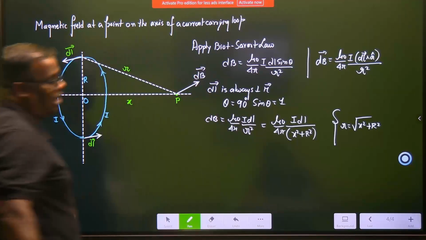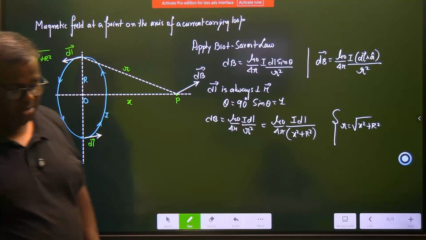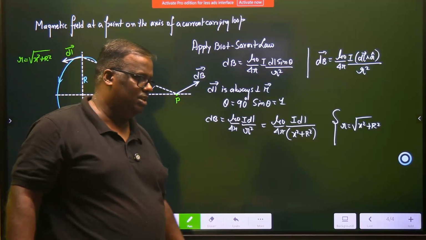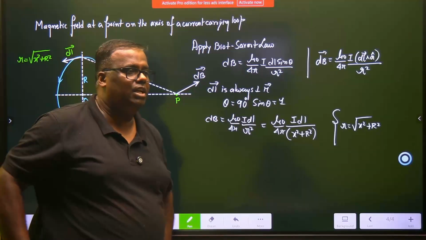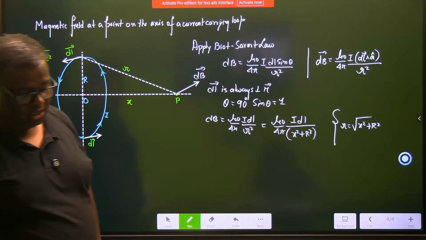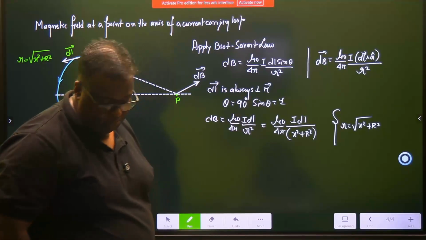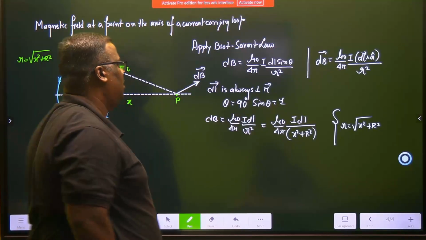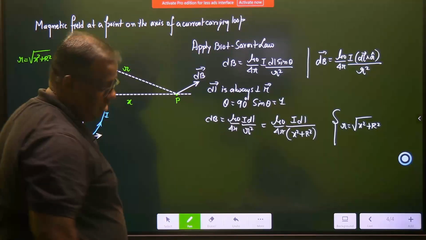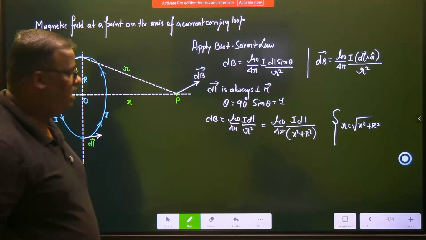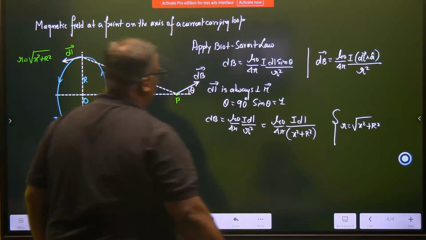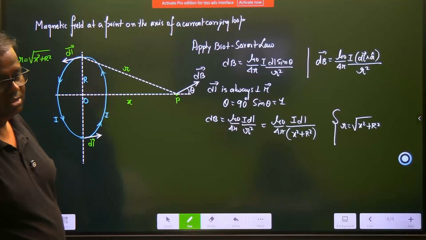So you can write down a line: the magnetic field dB due to one current element is not along the axis. It makes an angle theta out here.